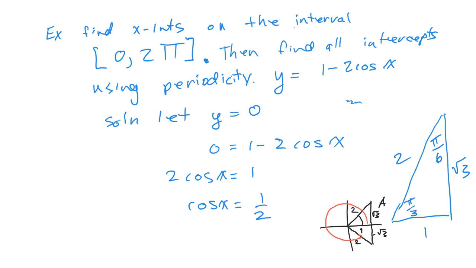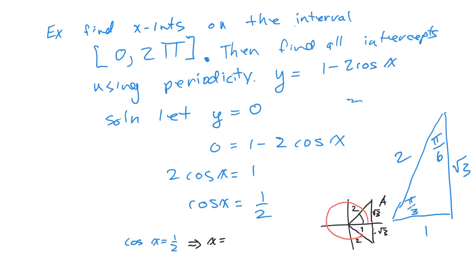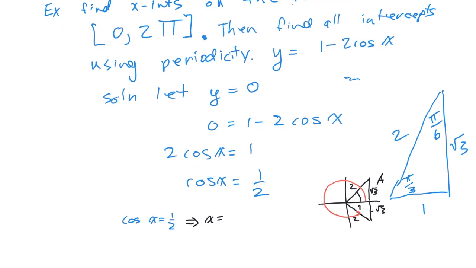Remember, 2 pi goes all the way around our circle, okay? So all we need to do is find those two angles. So for cosine of x equaling 1/2, this means that x is equal to pi over 3.